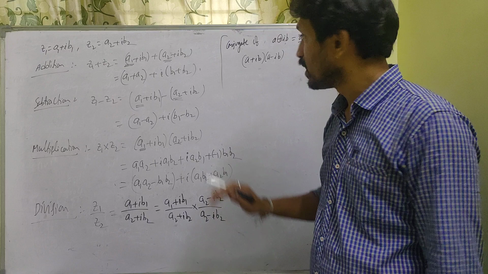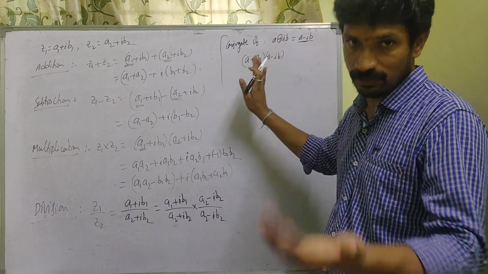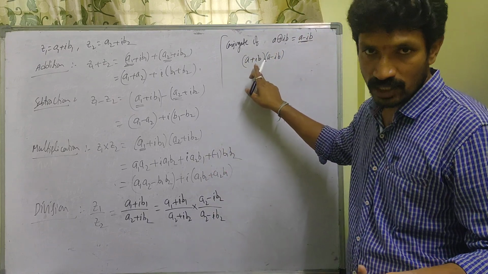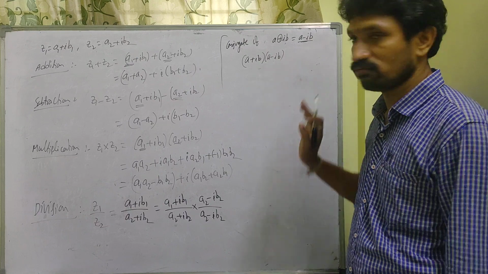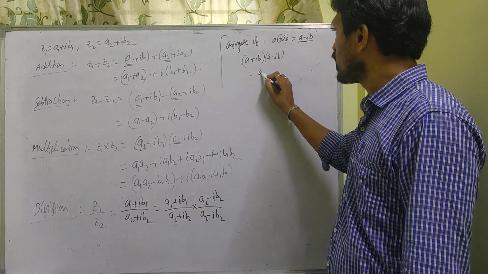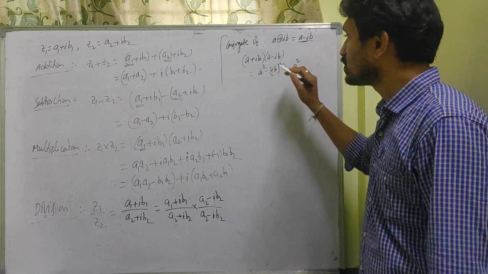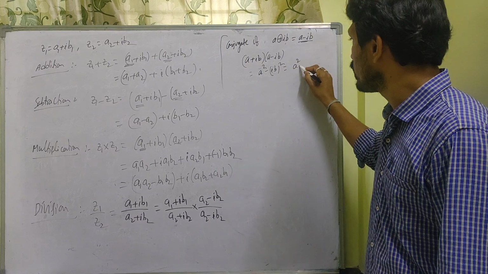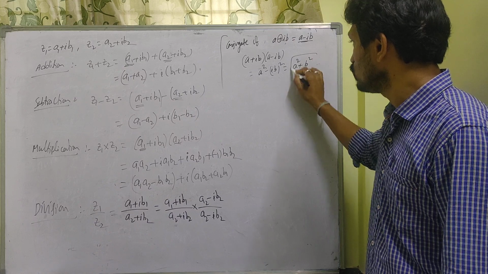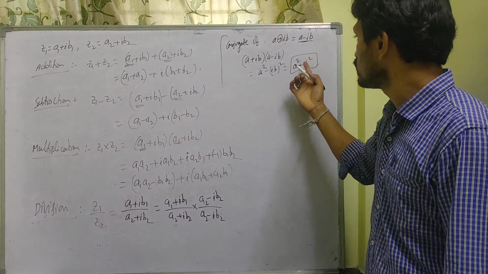This is the (a + b)(a - b) formula, where in place of b, ib is there. So this is a square minus (ib) whole square, that is a square, i square is minus 1, minus into minus plus, b square. So this is the answer, a real number.